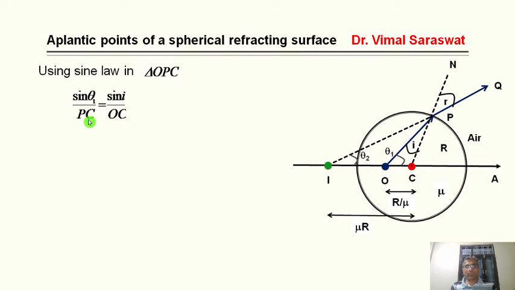So sine theta 1 upon PC is equal to sine i upon OC. Now PC is our r, which is the radius of curvature, and the object is at a distance r by mu from the optical center. So sine theta 1 upon r is equal to sine i upon r by mu. Now we have to prove that the image will be at a distance mu r from the optical center.